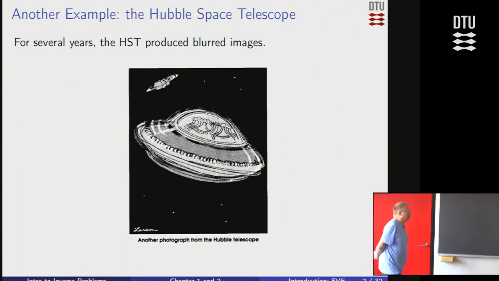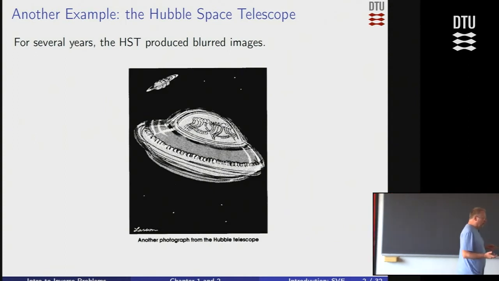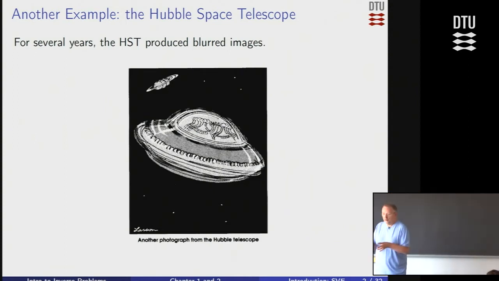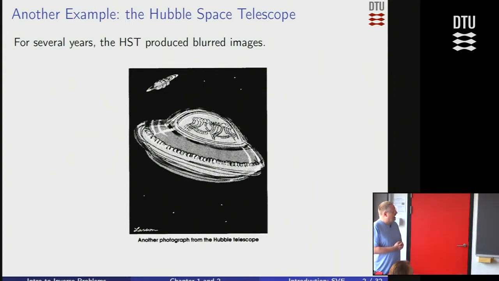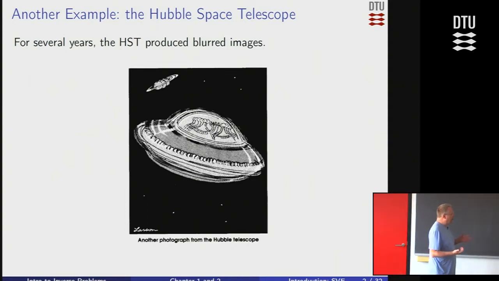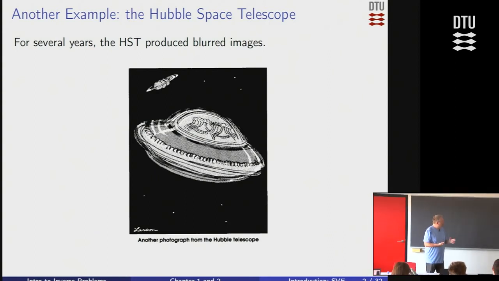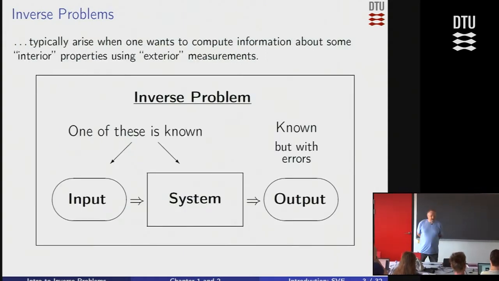How can you do that if you have a blurred image? Well, basically, again, you set up a mathematical model of the relationship between the sharp image that you want and the blurred image. And then you use that mathematical model to try to reconstruct the sharp image. So again, the hidden information is the unknown sharp image, and the data that you've got is the blurred image. Okay, so here's the setting for inverse problems.